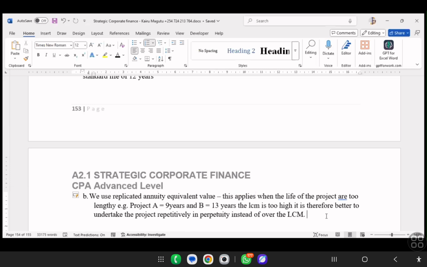You undertake again and again in perpetuity. So in simple terms, you are earning the annual cash flows over perpetuity, not lifetime. So that is the argument to do with the conflict.